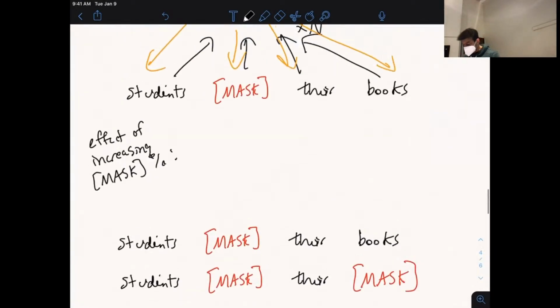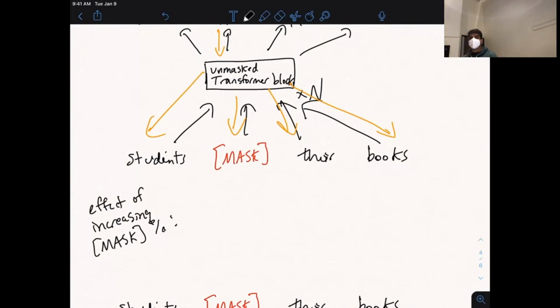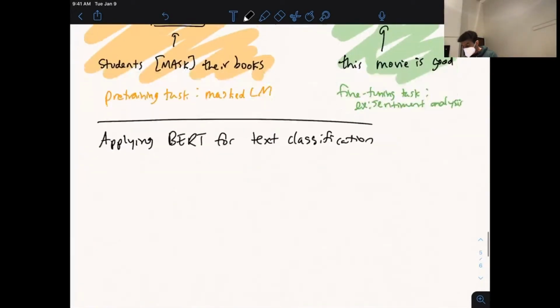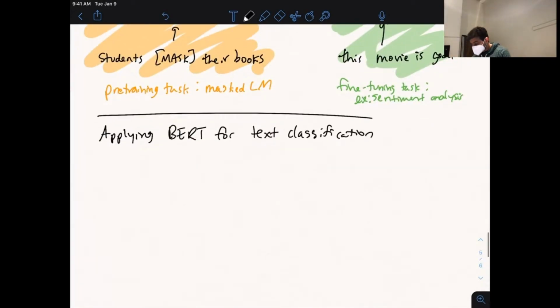I haven't shown this above because it would have been too confusing, but now that we have learned about the masked language modeling objective, every single input in BERT begins with a special token called CLS, which stands for classifier. So if you're using BERT in a downstream task and your task involves classification, you probably want to place a softmax layer over this classification token, CLS.